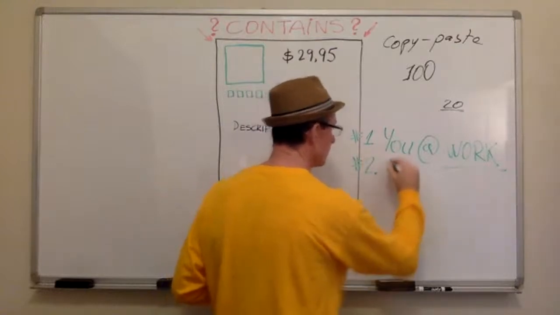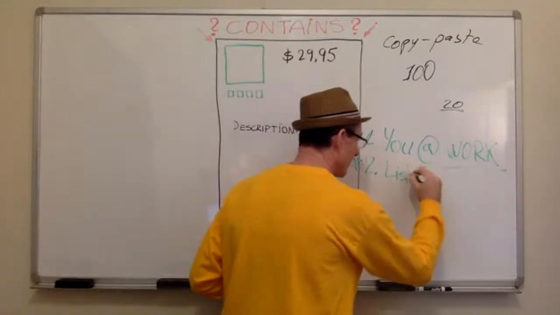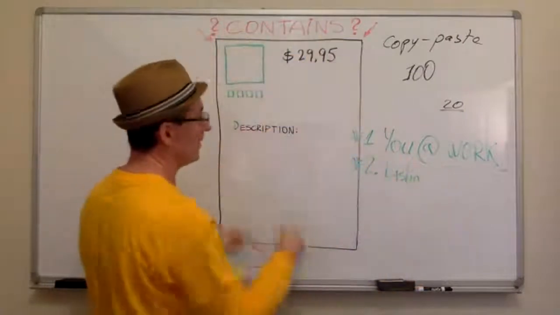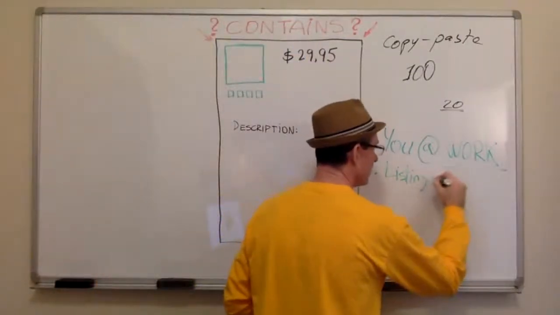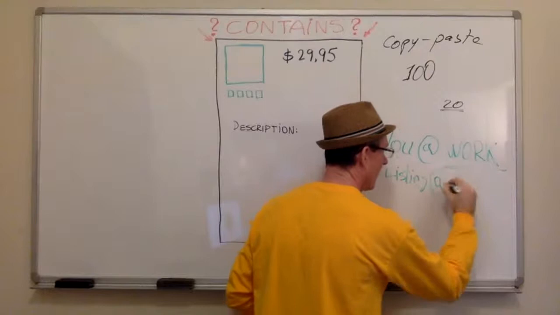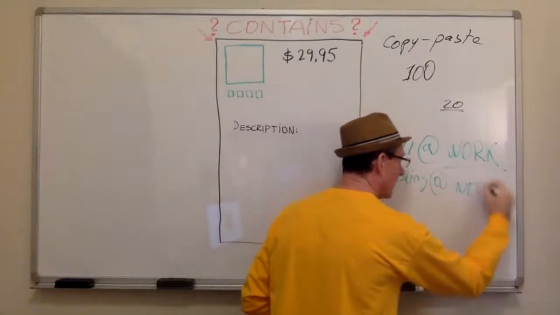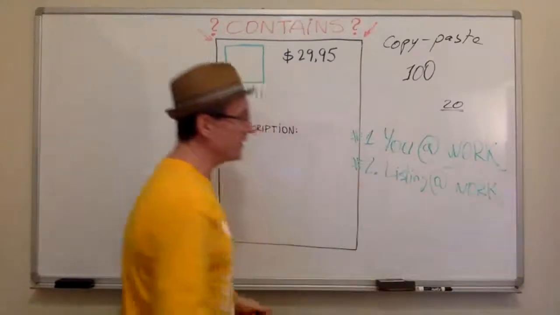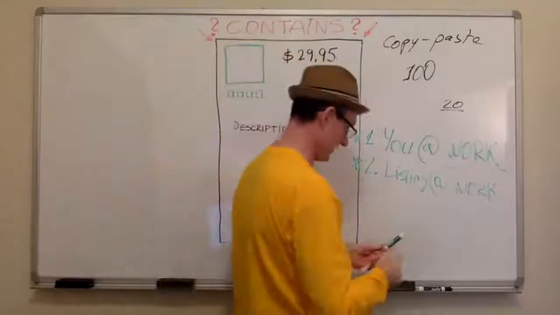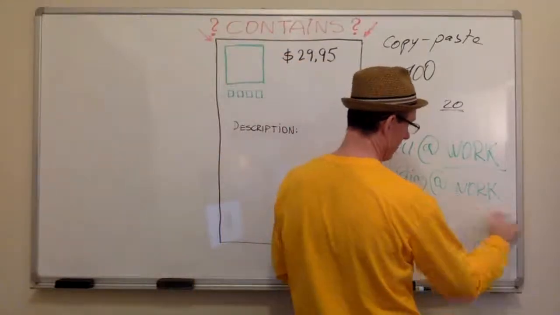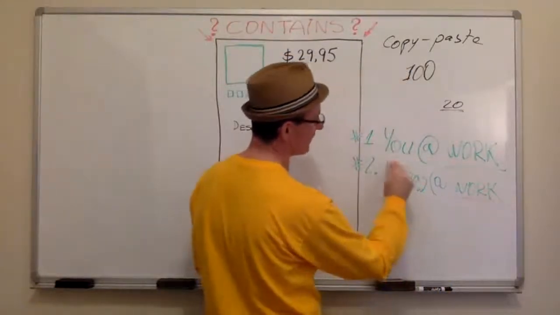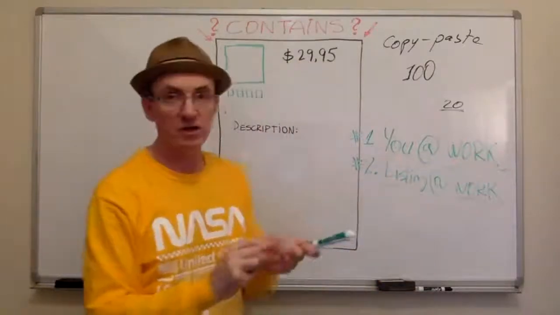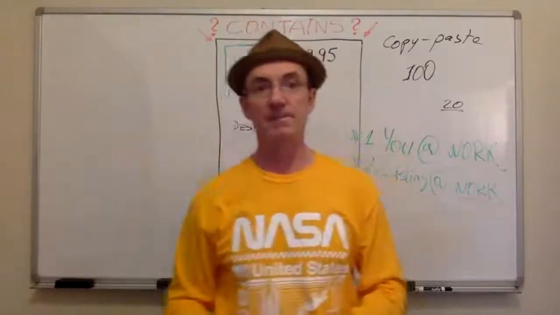Another way is that your listing is at the work. Now what does it mean? Either your listing is at the work or you are at the work. Only 2 ways you can earn money on eBay.